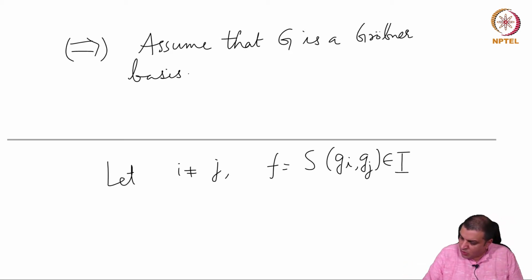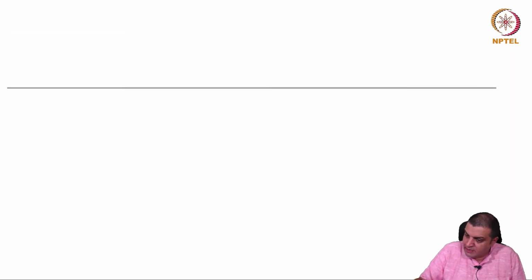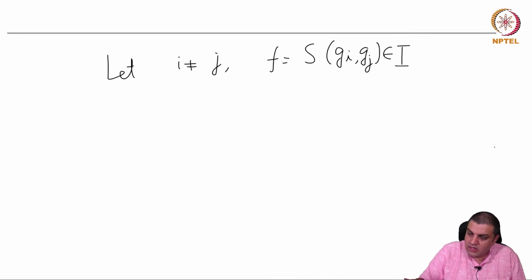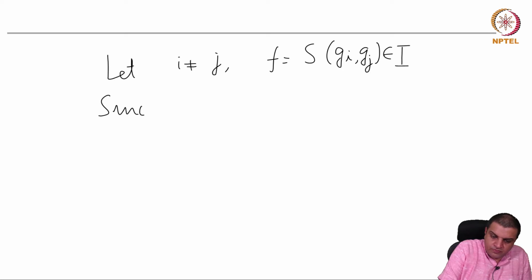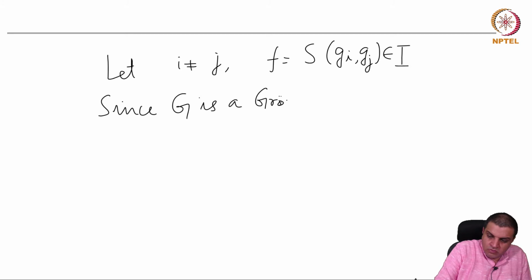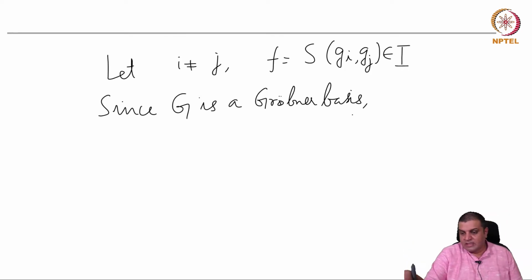But then we saw that if F is inside I, when we divide F by elements of G, because G is a Gröbner basis, we know that the remainder will not depend on the order in which we divide, or it's completely independent of what the coefficients are.